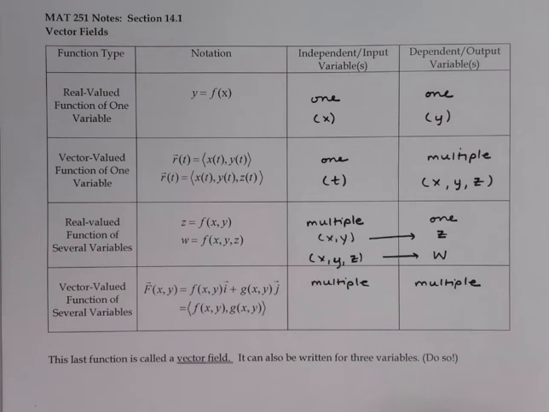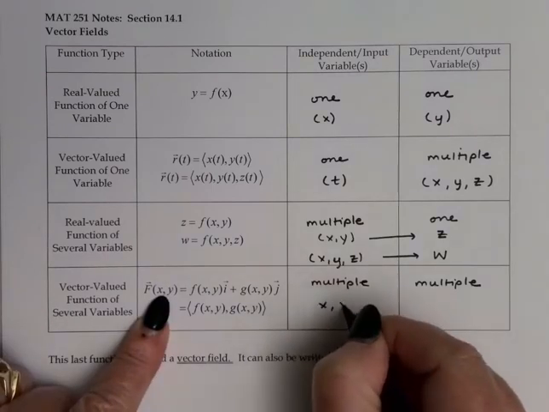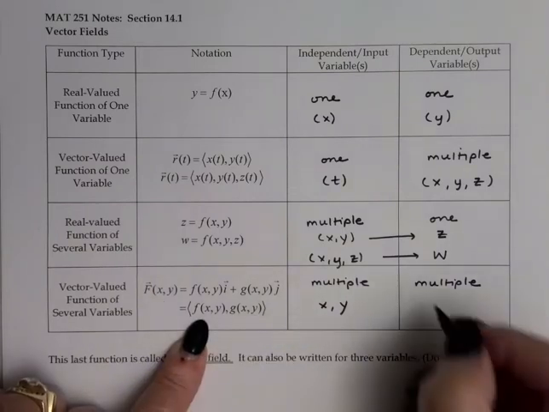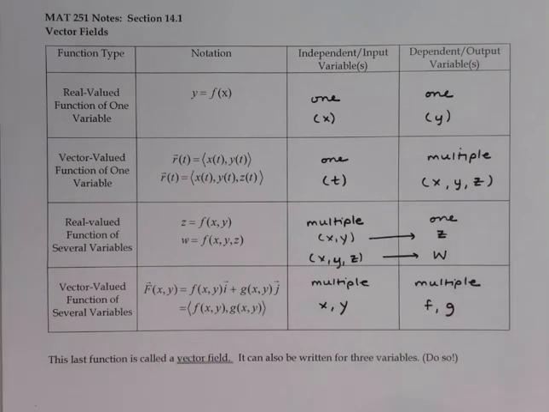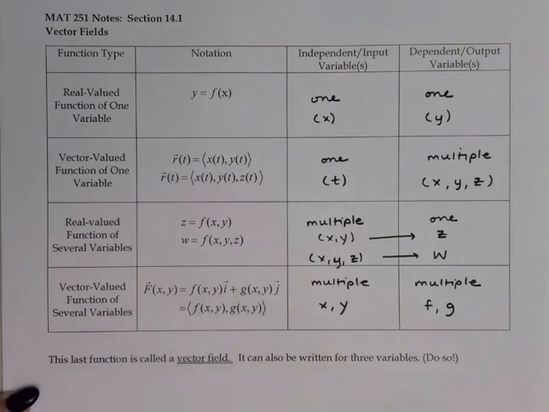You can see that what's going on here is we've input the variables x and y, and our output is two new variables, f and g. This last function is what we call a vector field. Notice a vector input and a vector output.